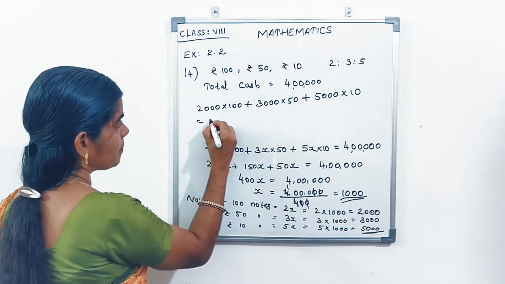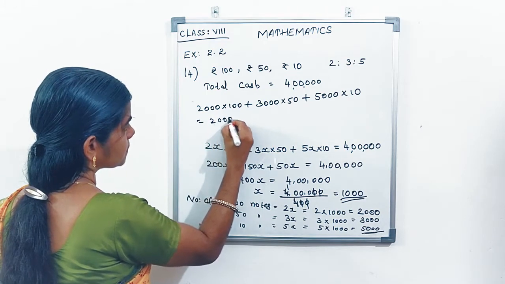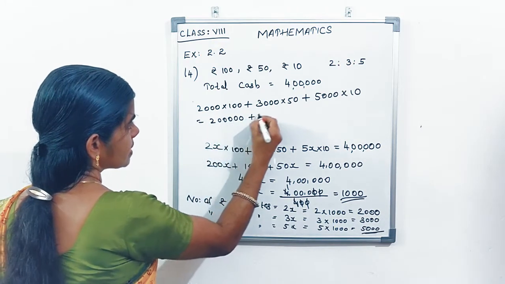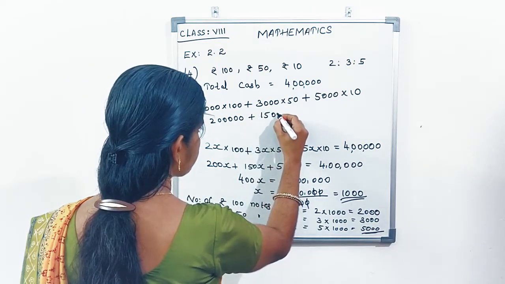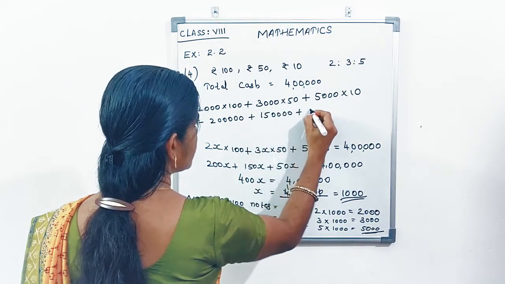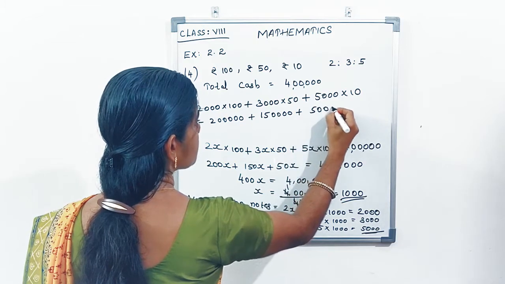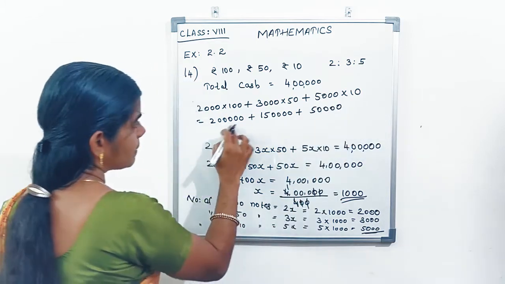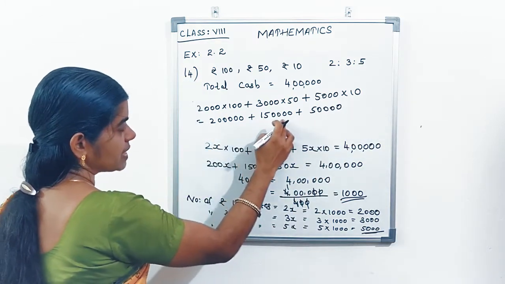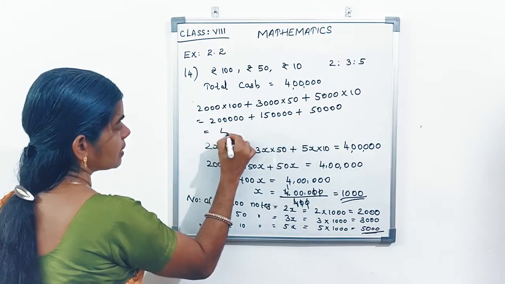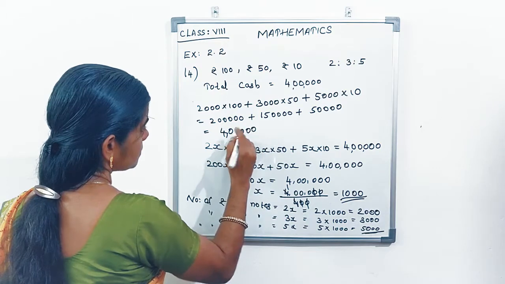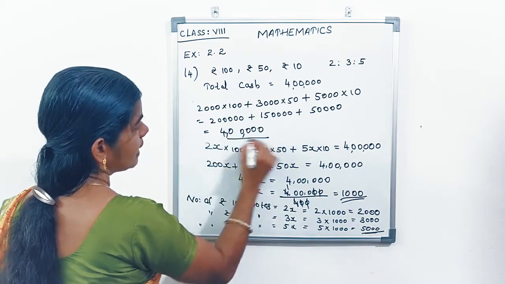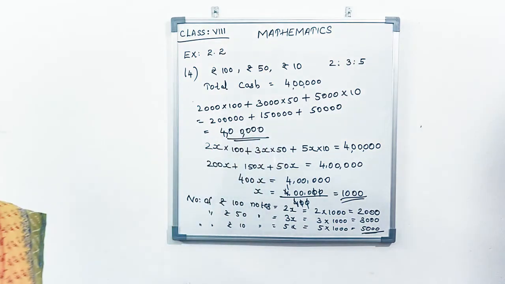This will be 2 lakh, plus 1 lakh 50,000, plus 50,000. Then 2 lakh plus 1 lakh 50,000 plus 50,000 gives 4 lakh. Therefore, our answer is correct. Is it clear?